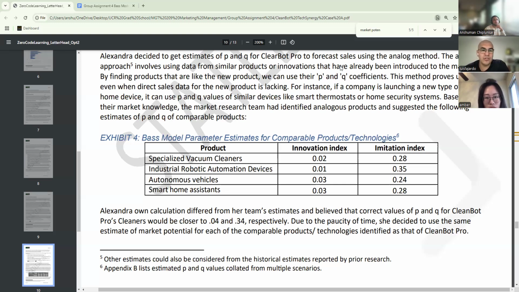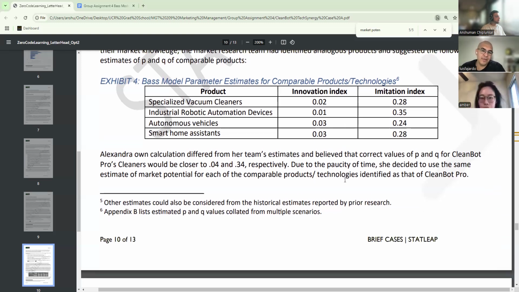Yeah. Sorry, Ansh, I think your screen is still on the assignment page. Which page? Page 10. Are you referring to any graph you created? Yeah, I am. What are you guys seeing right now?